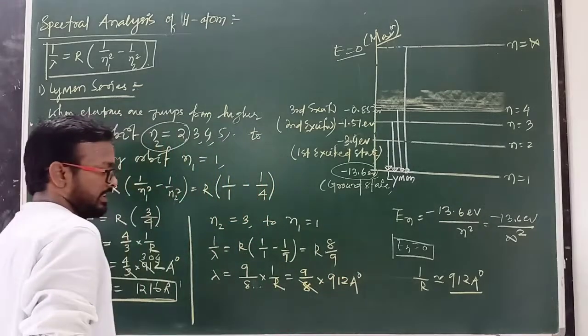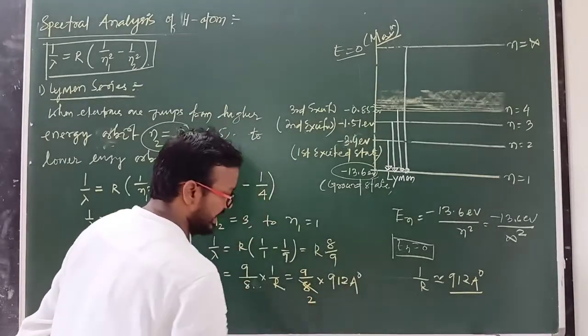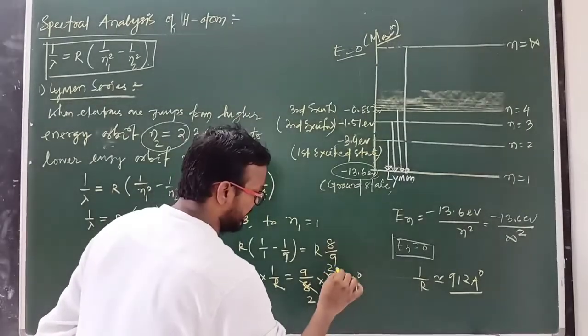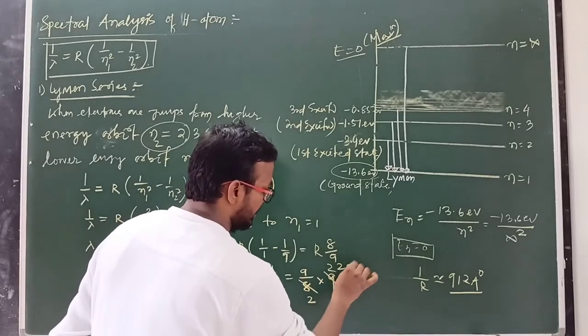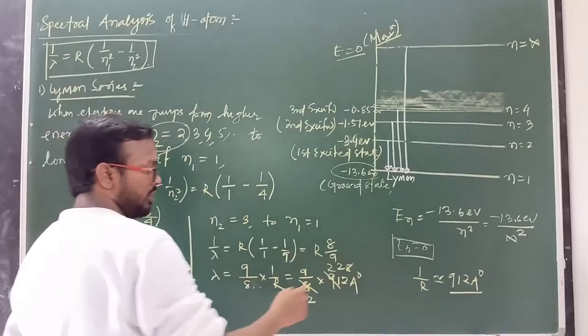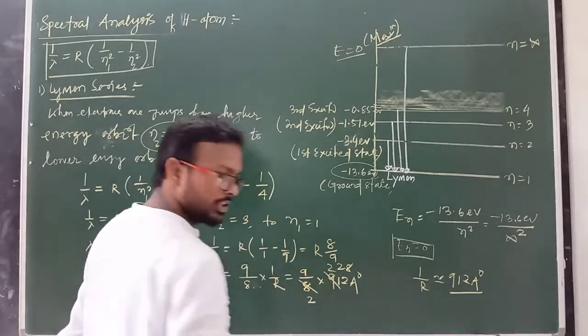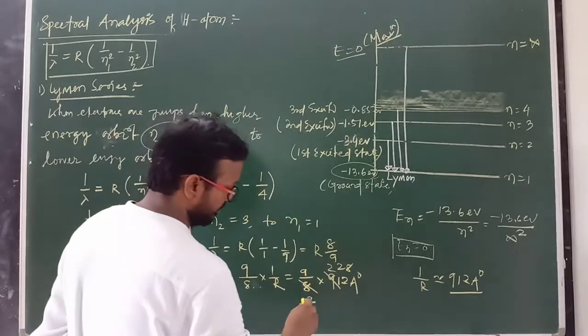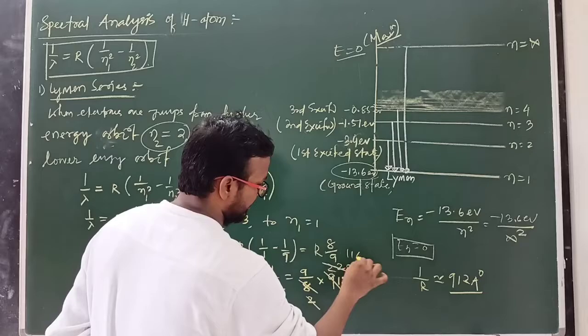Now cancel this term, 4 2 is 8, 4 2 is 8, then 4 8 is 32. Clear? Then 2 you can cancel, so that is 4.